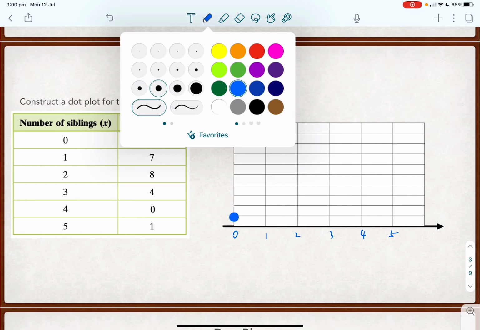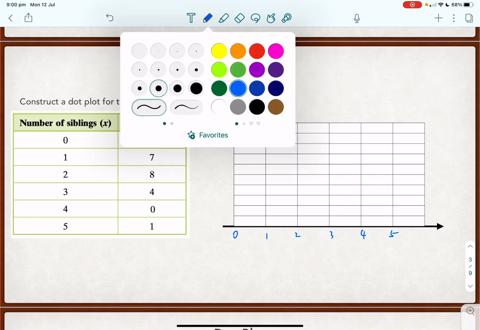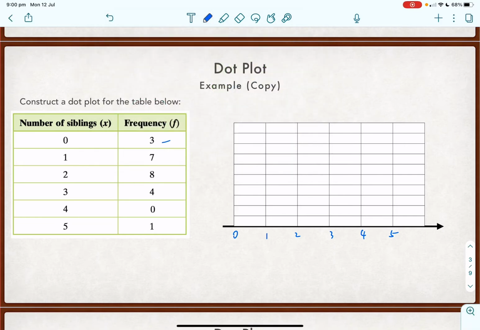So I got 1, 2, 3 dots. And then you got 7 ones. So 1, 2, 3, 4, 5, 6, 7. And then 8 twos. 1, 2, 3, 4, 5, 6, 7, 8.